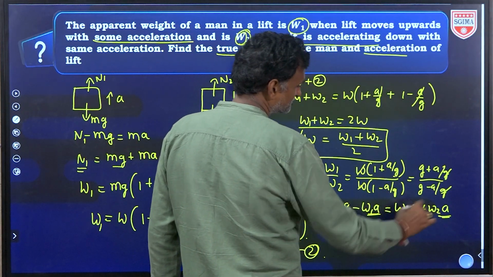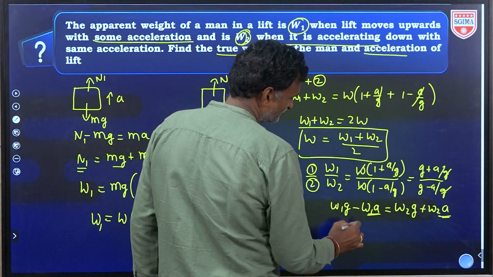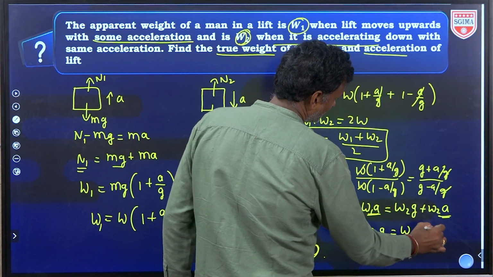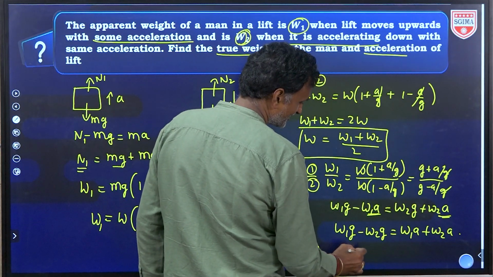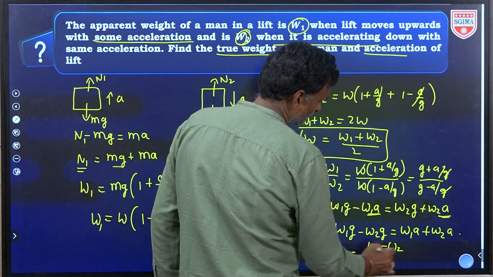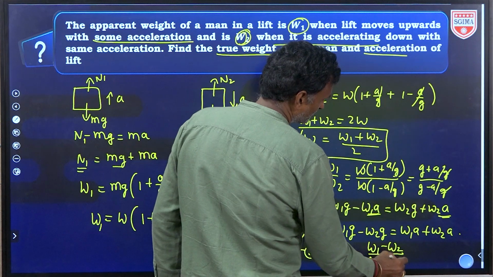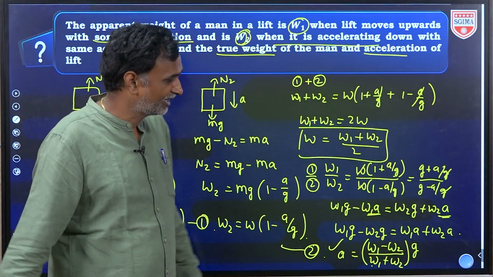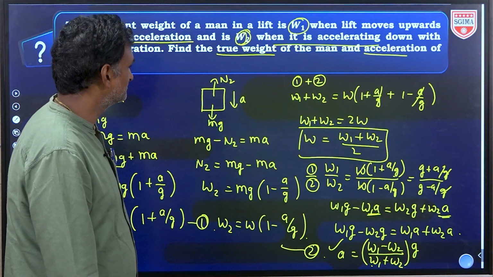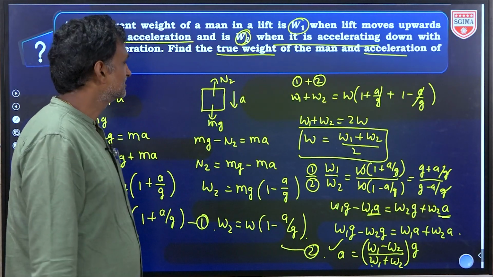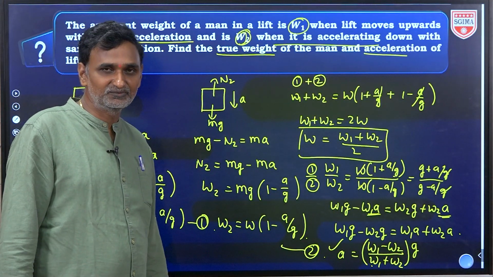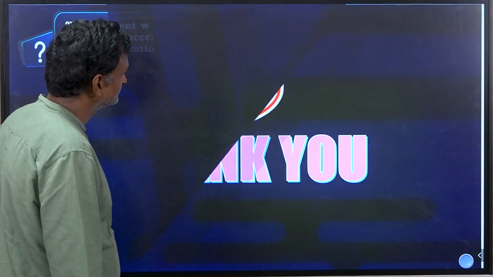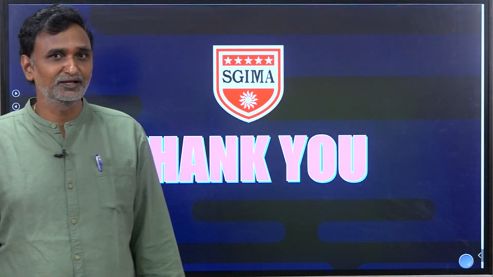Acceleration we want, so we can bring the acceleration terms to one side. W1 g minus W2 g equals W1 a plus W2 a. So that is acceleration equals W1 minus W2 by W1 plus W2 into g. This is the acceleration value that they have asked in the question. Okay. So this is the way we can apply the concept of apparent weight to solve numericals. Okay, now let us move. Okay, thank you. This is regarding apparent weight.